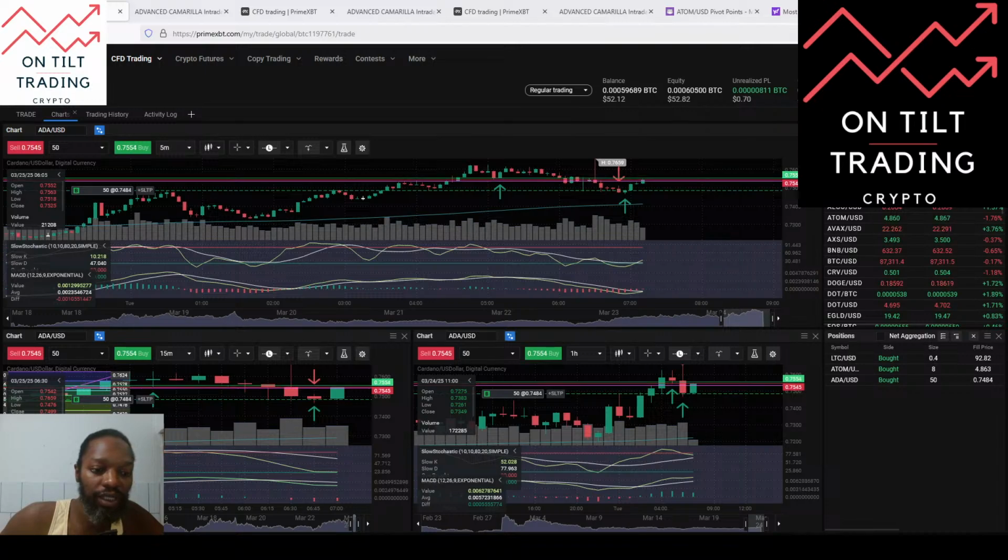the 200 EMA. Nothing really to speak of on volume profile, nothing elevated. Here we're in an oversold condition. So this is my ideal position to buy in when the currency pair is in an oversold condition. You can see it's overbought right here.